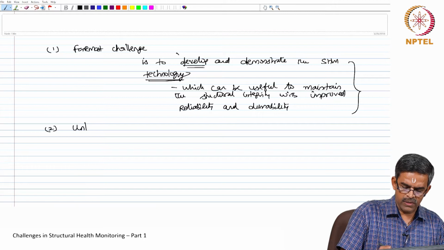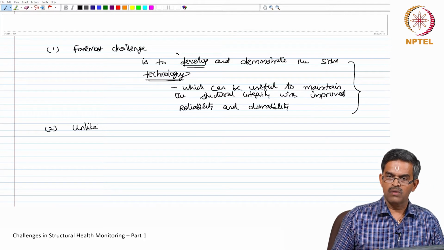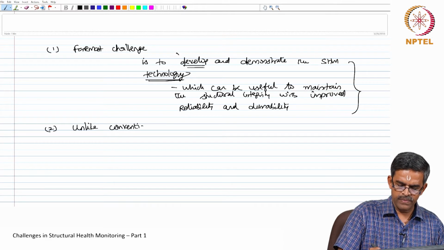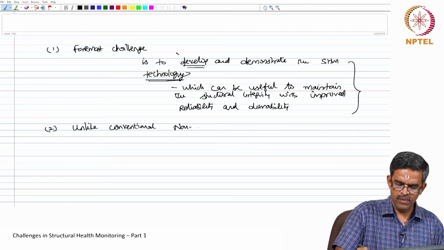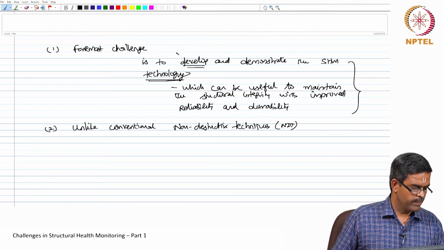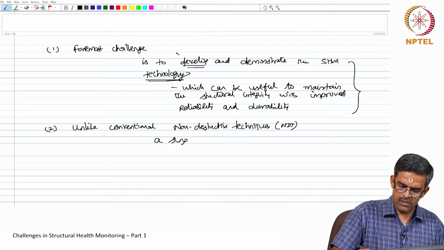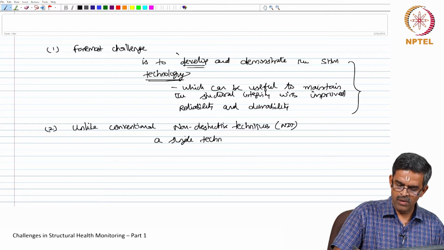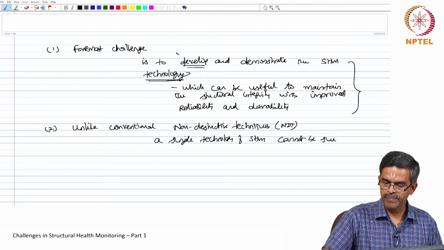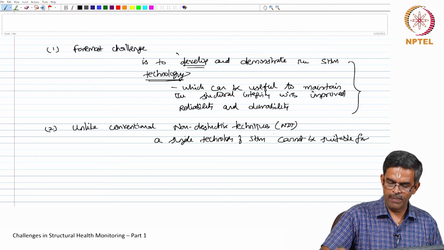The second issue is, compared to non-destructive tests, unlike conventional NDTs, a single technology of health monitoring cannot be suitable for all applications.